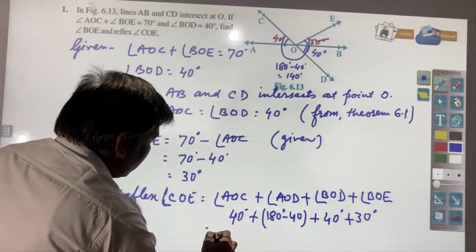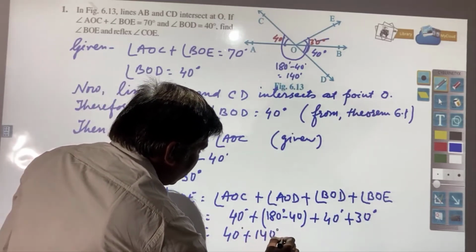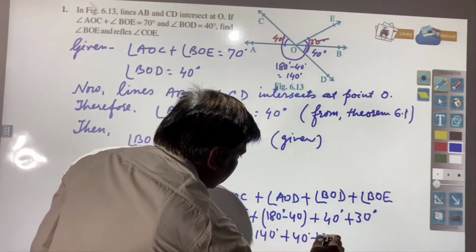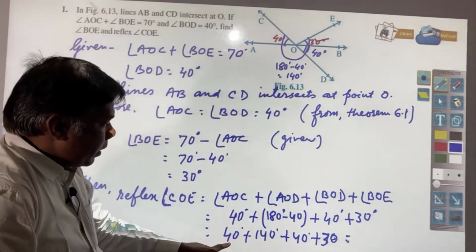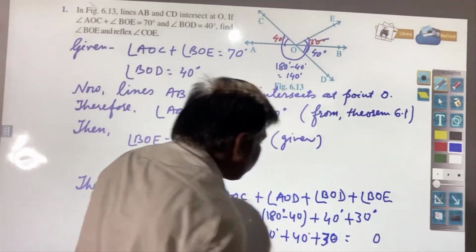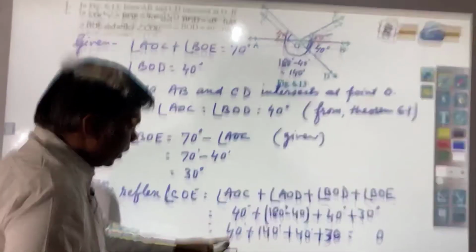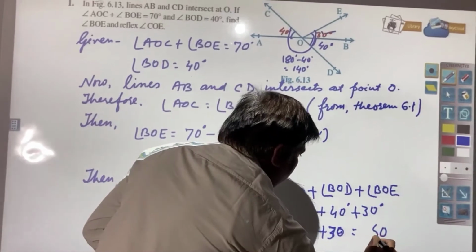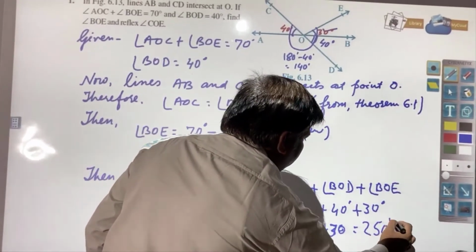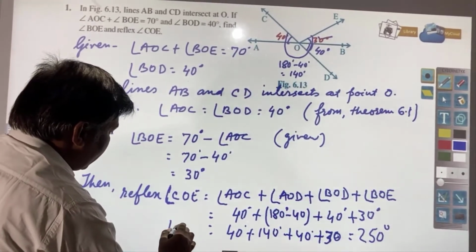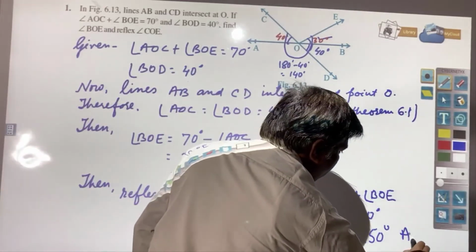This is required to be added. 40 plus 140 plus 40 plus 30, and that will be equal to... 0, 3 and 4 is 7, 7, and 4 is 11, 11 and 4 is 15, this is 5, and 1 you have, 1 and 1 is 2, 250 degree. So your angle COE is 250 degree, and this is your answer.